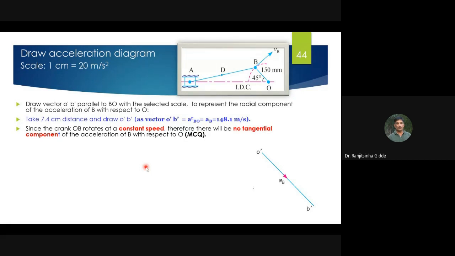There will be no tangential component of the acceleration of B with respect to O. So rate of change of velocity.